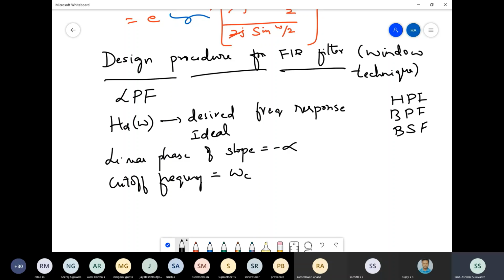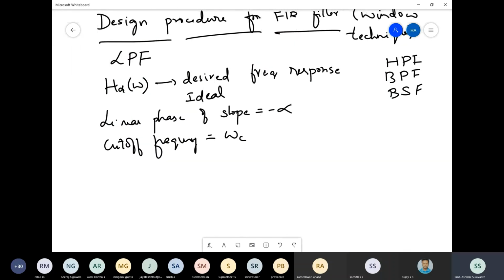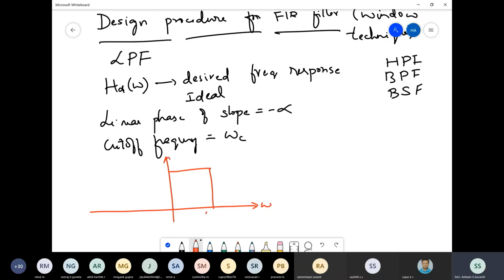All these are digital specifications that we are talking about. If I write the frequency response for a low pass filter, it's ideal, therefore until omega c it will pass all the frequencies, and after that it is going to stop.